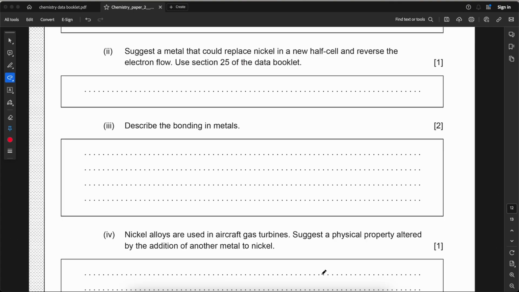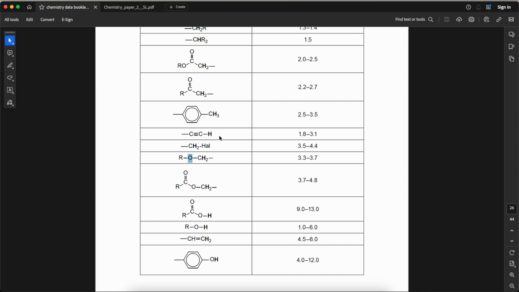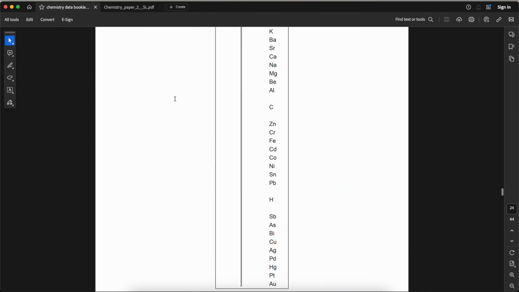Suggest a metal that could replace nickel in a new half cell and reverse the electron flow. In this case, we need to find a metal that is less reactive than lead. So let's see on the data booklet the reactivity series.